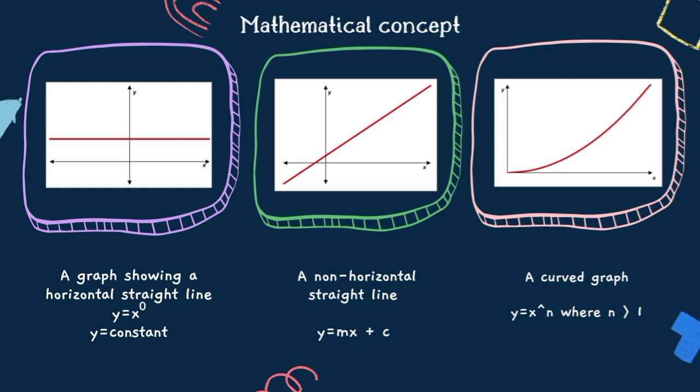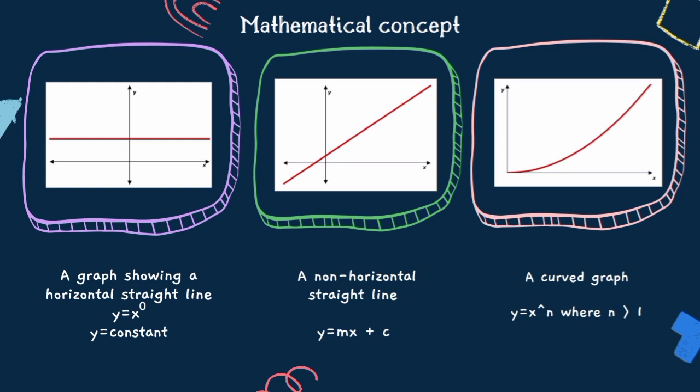In mathematical terms, this graph can be expressed as y equals m times x plus c, where m is the gradient of the graph and c is the value of the intercept on the y-axis.